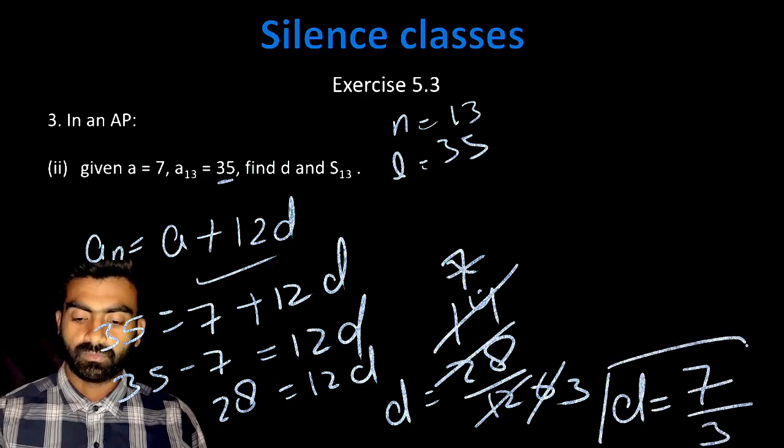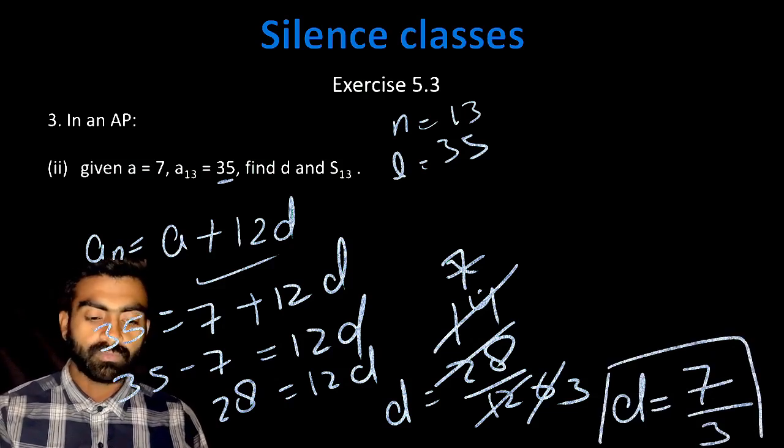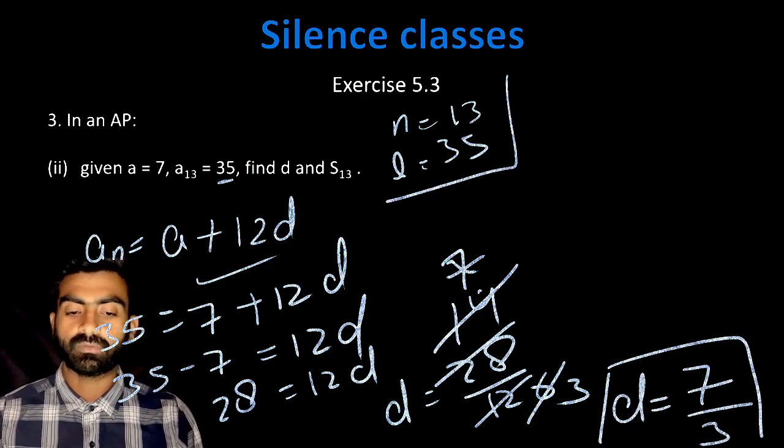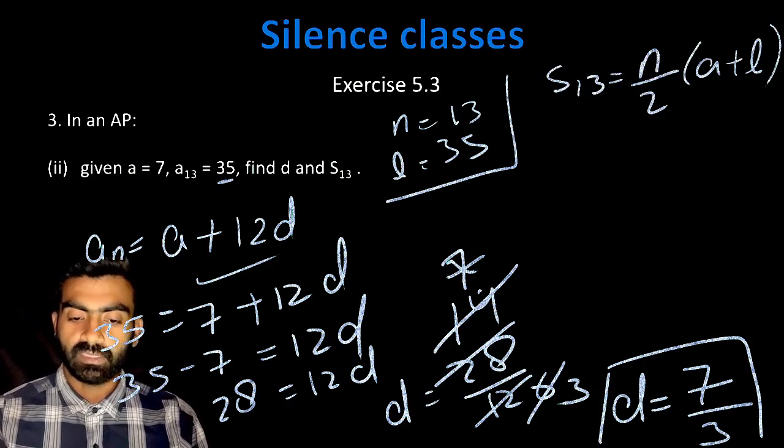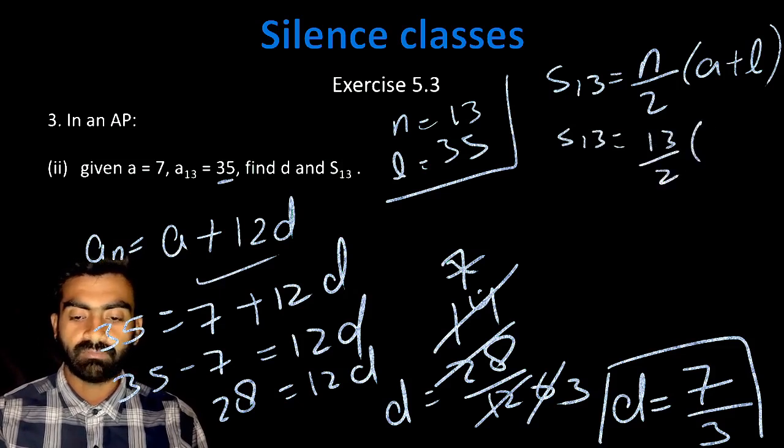Now we have to find the sum of all the 13 terms of the AP. So S13 = n/2 (a + l). S13 = 13/2, the number of terms is 13, a is 7, and the last term is 35.